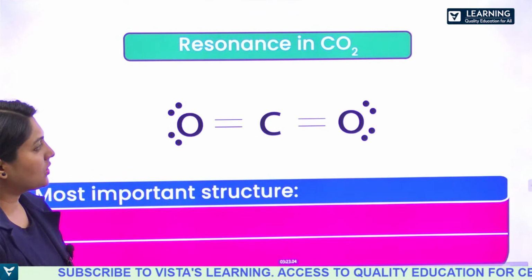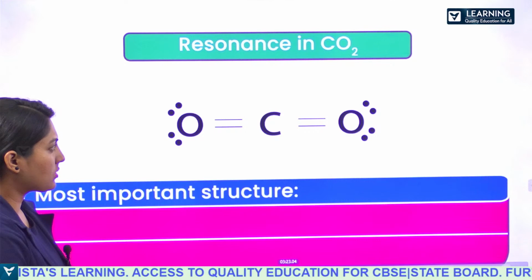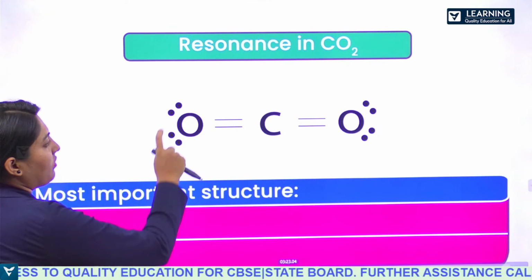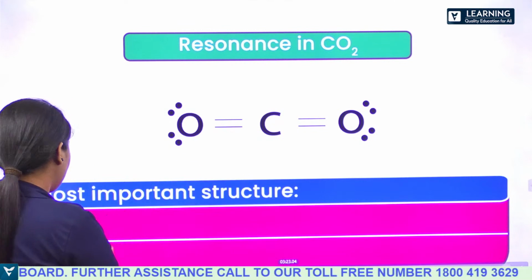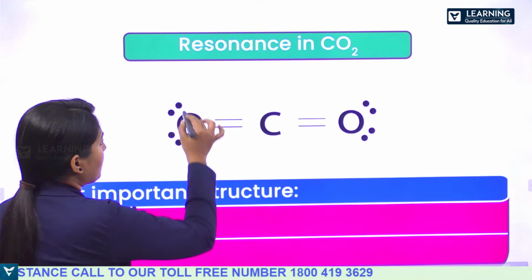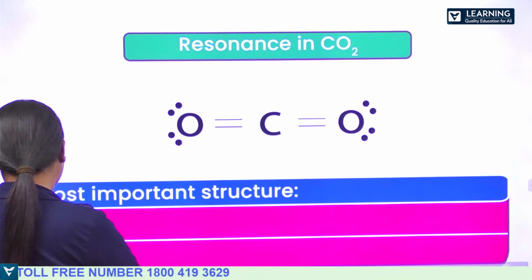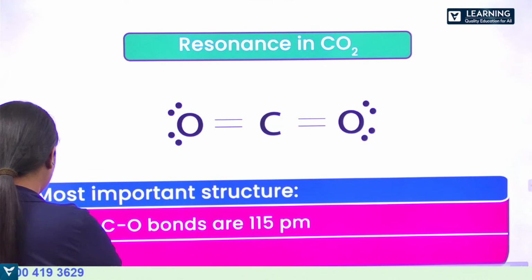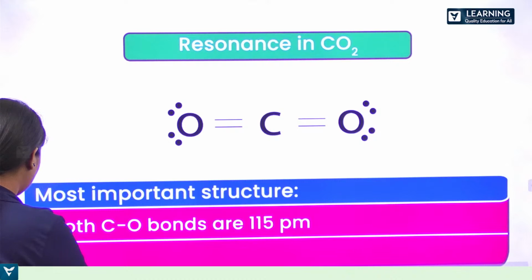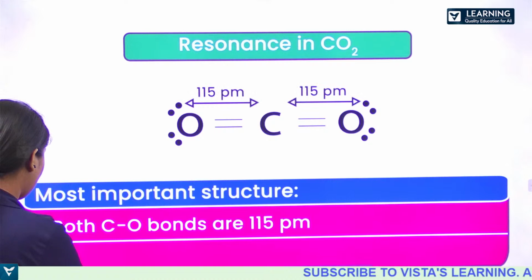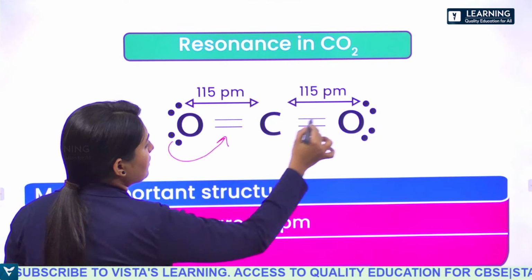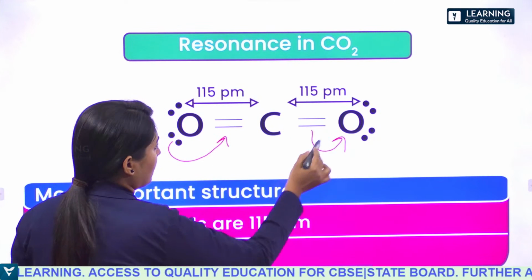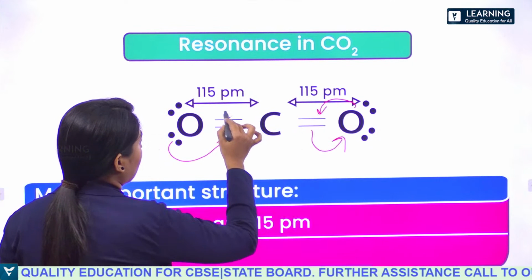The most important thing is the resonance structure of carbon dioxide, where each oxygen has 2 lone pairs, so they can easily form resonance structures. The lone pair is given back, and vice versa, the lone pair comes back.